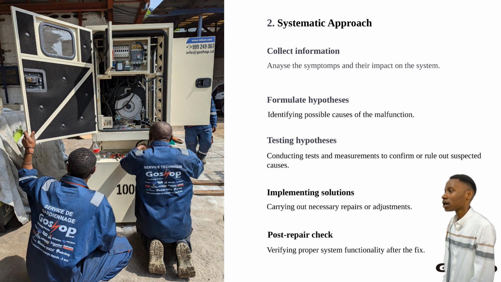Collect data. Throughout the process, analyze symptoms and evaluate their impact to prevent recurring failures. Post-repair verification. After fixing the issue, test the system to ensure it functions correctly and check for any new problems. This systematic approach ensures accurate and effective mechanical troubleshooting.